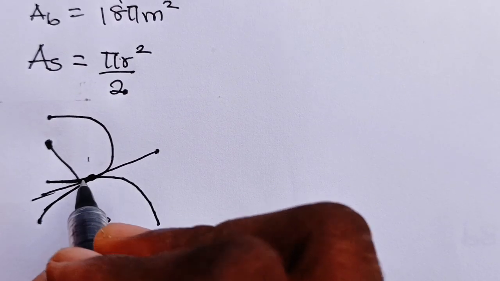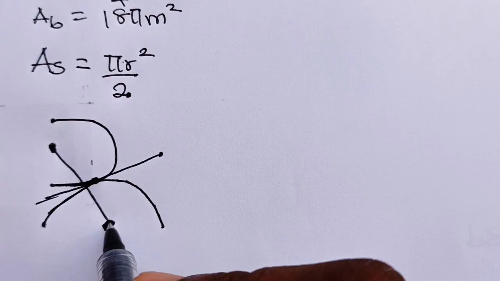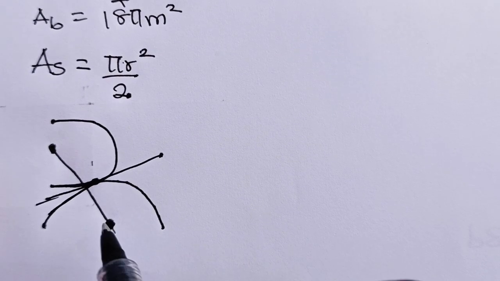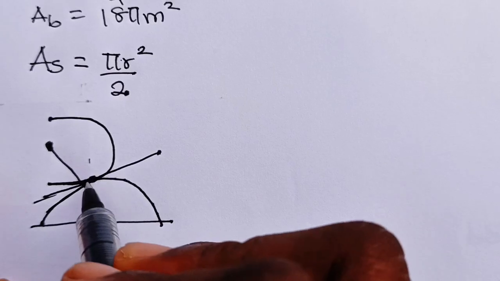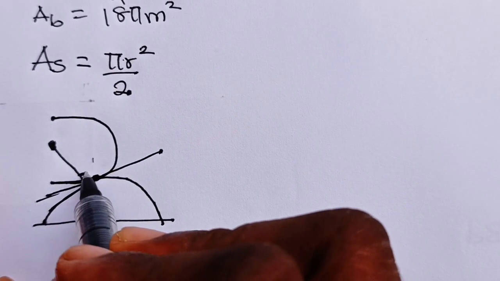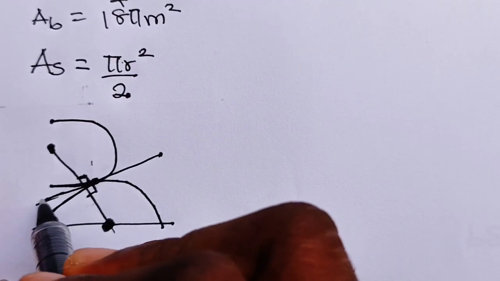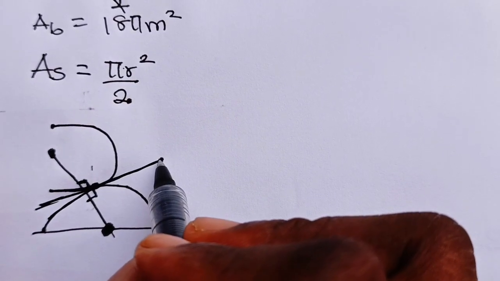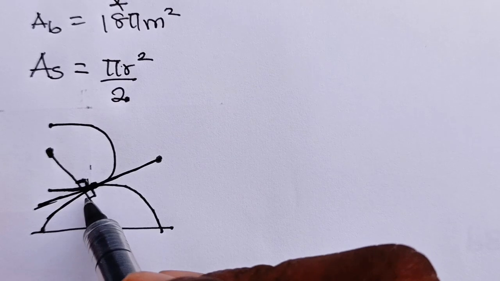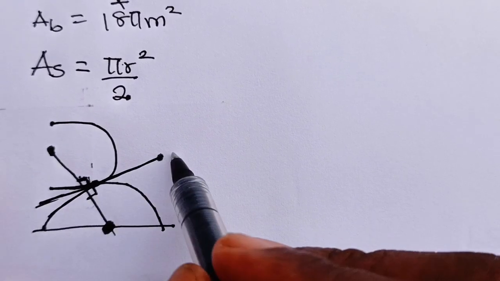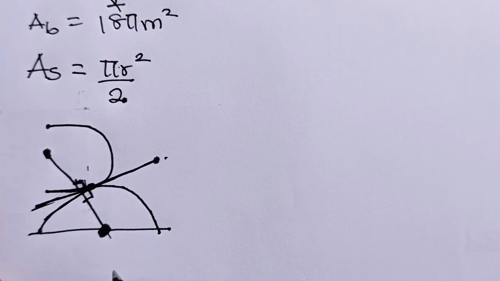So if this is the meeting point of the two circles, and this is the middle of the bigger semicircle, let me draw it like this so that we understand. Both of them form a right angle with the tangent, and that makes them form a straight line between both of them.